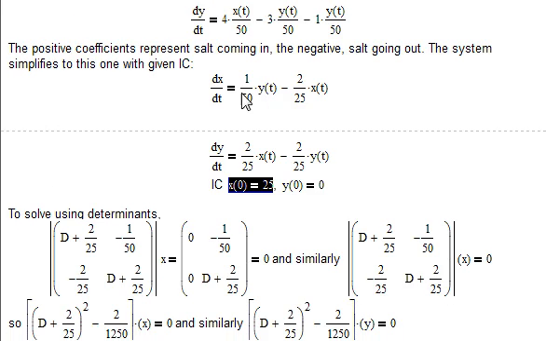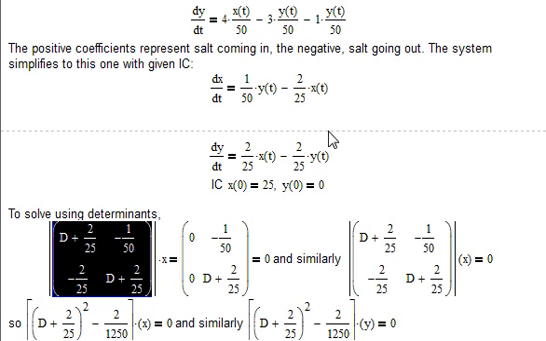This is the system. Look, 1/50th. If I added this to both sides, I'd have D plus 2/25 applied to x, and then minus 1/50th applied to y equals 0. So here is that set of derivatives in the numerator.